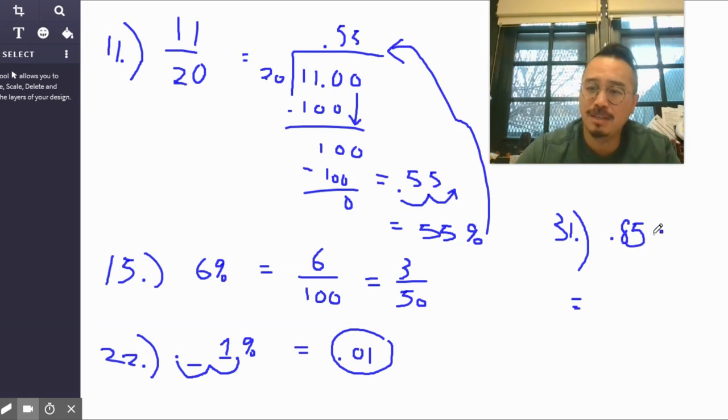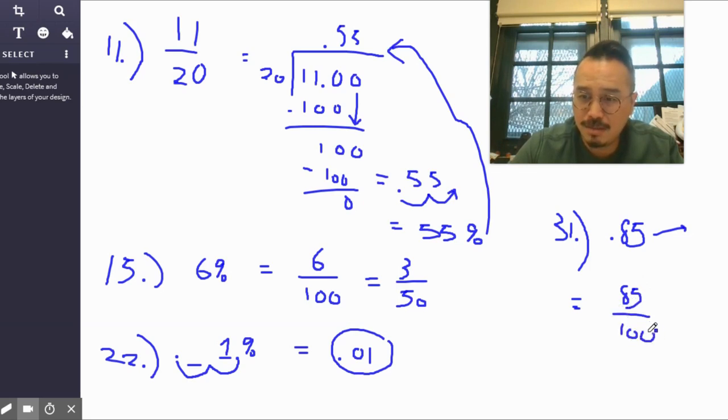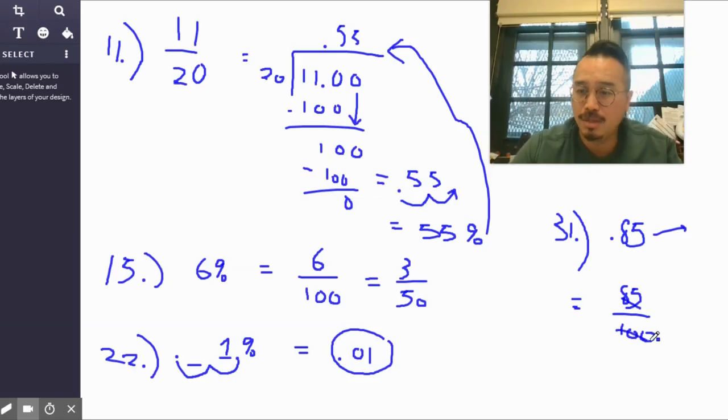So how do you say this in fancy English? 85 hundredths. That's how you do it, okay? You write it like you say it: 85 hundredths. Okay, let's reduce. 5 goes into both, right? So 5 times 17, 17 over 20. And that's it.